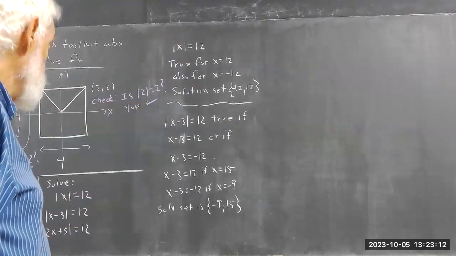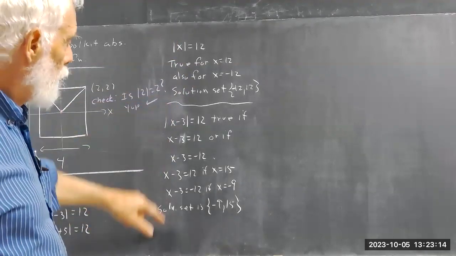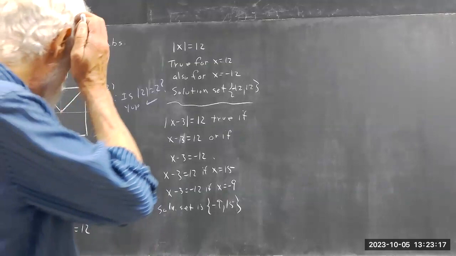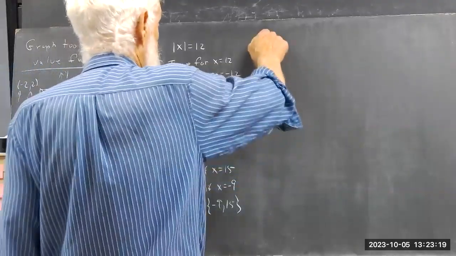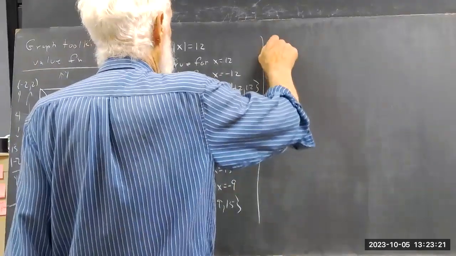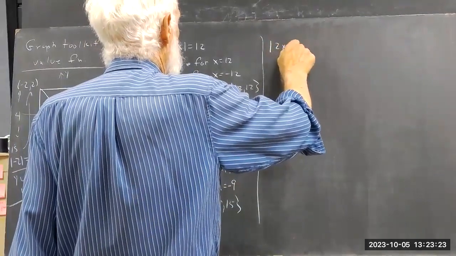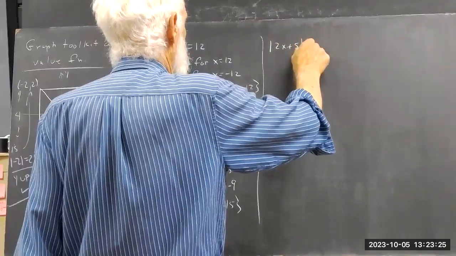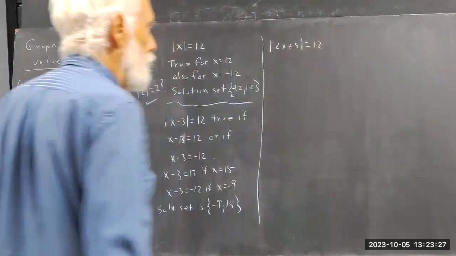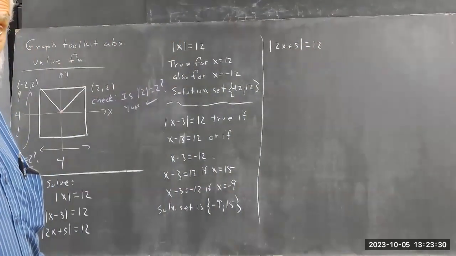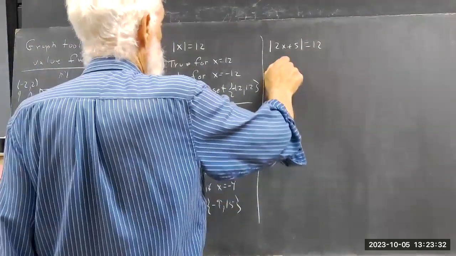Now I'm going to write out this one, and I'm going to write it out with the same logic as we have here, but in a little different format. Here we have it.